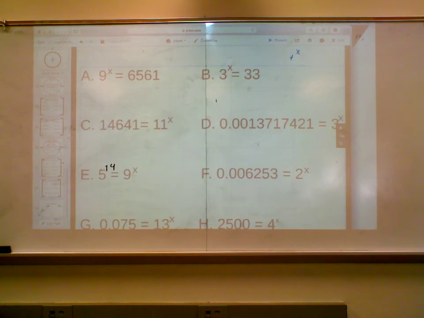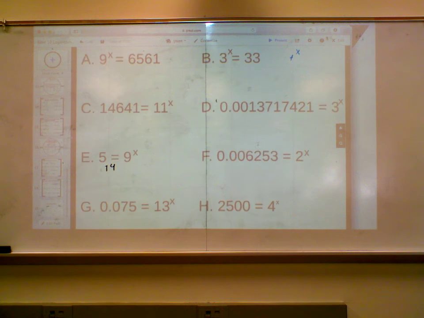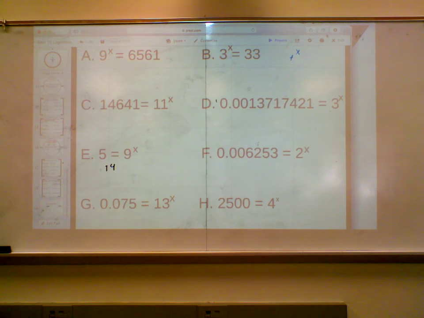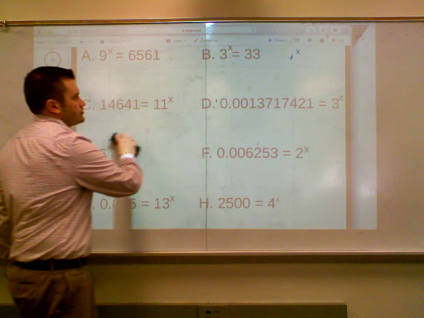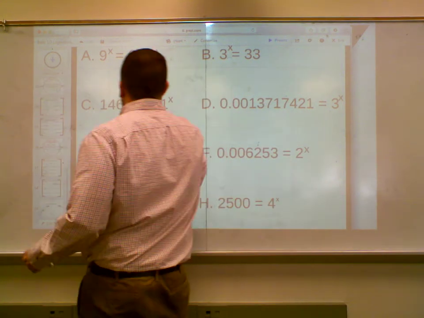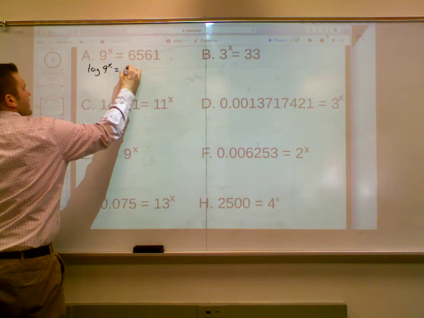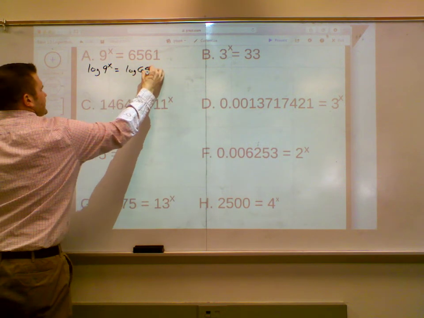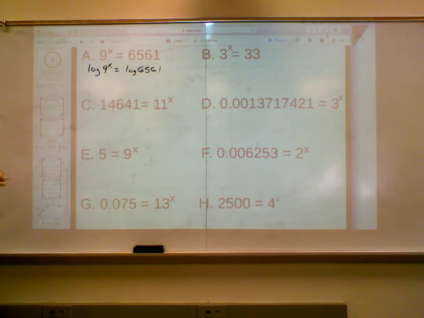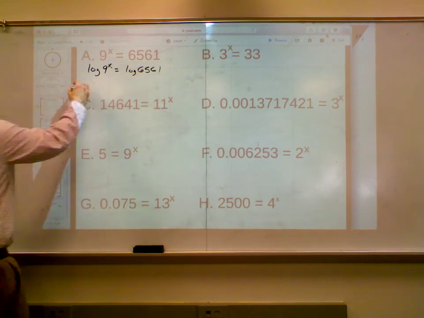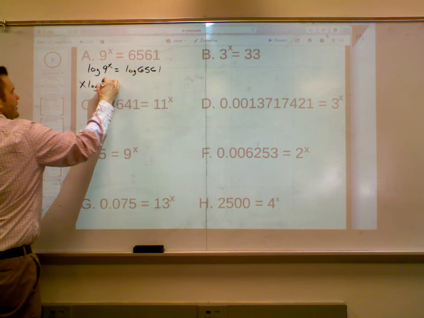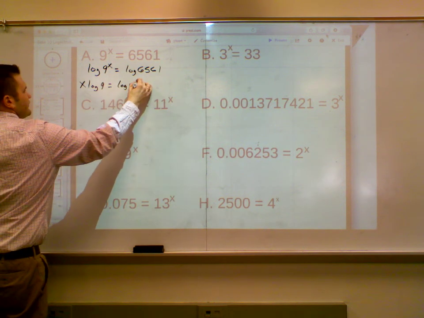Let me zoom in real quick. All right, so A. First step in A. What am I going to do? Log both sides. So I'm going to get the log of 9 to the x equals the log of 6561. Power property says the x goes where? In the front. So x log 9 equals log of 6561.